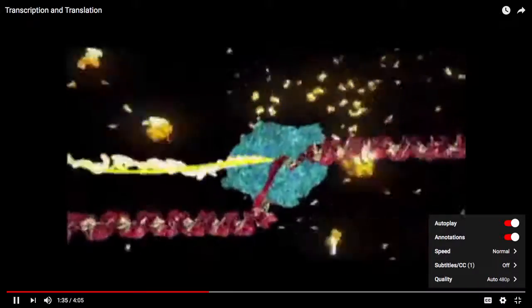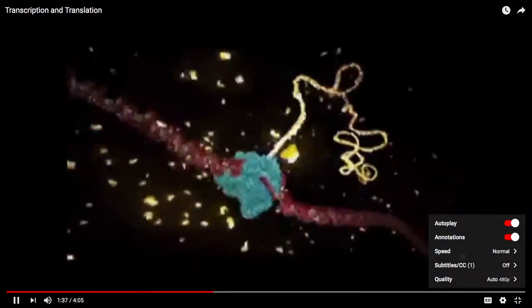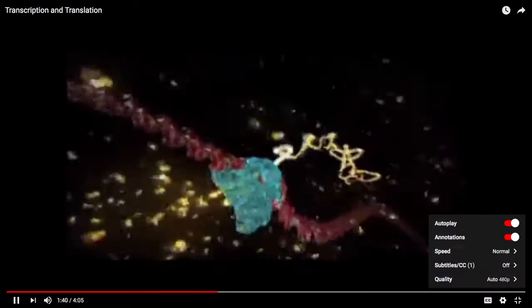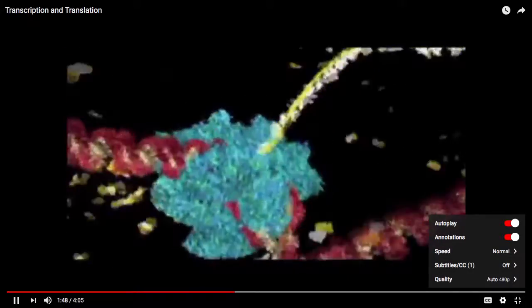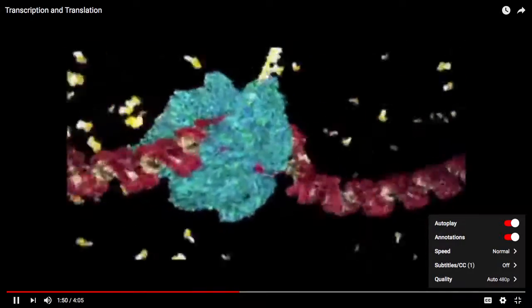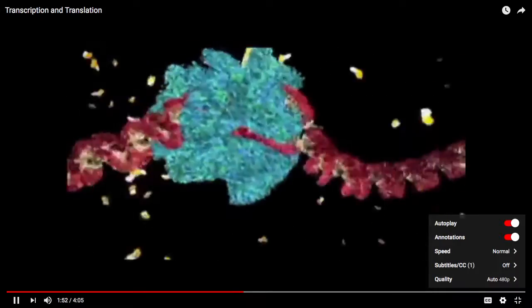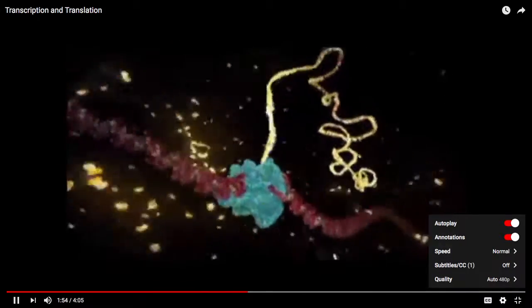The only difference is that in the RNA copy, the letter T is replaced with a closely related nucleic acid known as U. You are watching this process, called transcription, in real time. It's happening right now in almost every cell in your body.